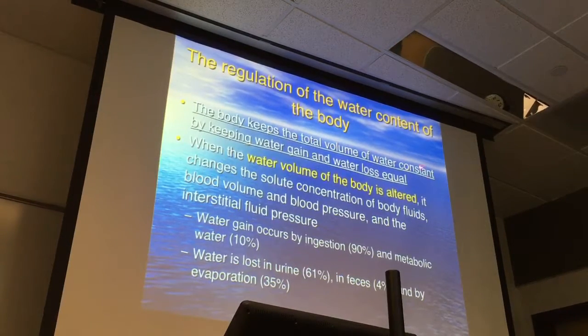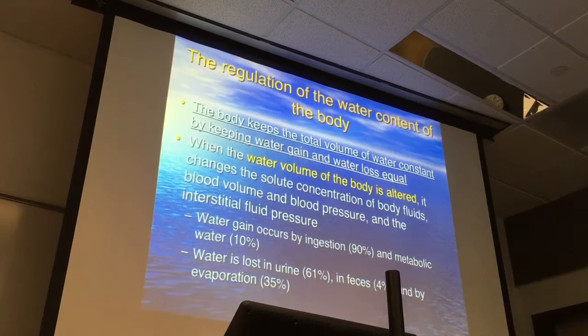The body keeps total volume of water constant by keeping water gain and water loss equal. When you are getting less water, what is your body gonna do? If you're gaining less, you lose less. If you're gaining too much, what does your body do? Lose more. See how those are kept?